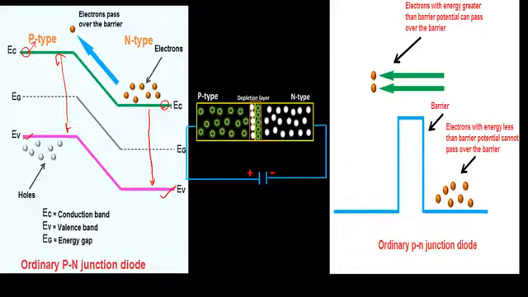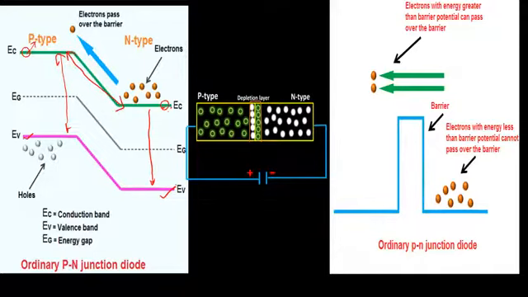So there is a difference in energy. This difference in energy between the conduction band and valence band of the p-type and n-type materials is due to the difference in the dopant atoms, donor or acceptor atoms, which were used to create the n-type and p-type semiconductors. This difference in energy creates a potential barrier.